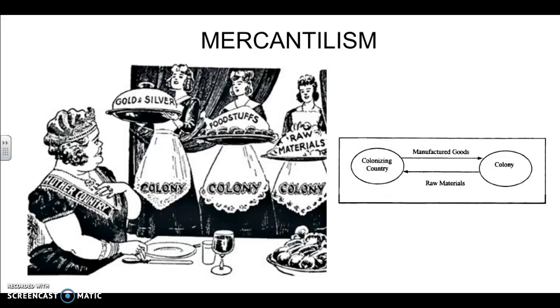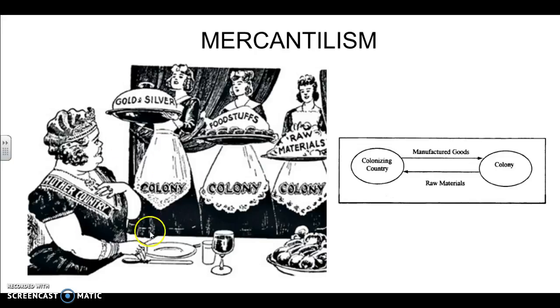You were either a colonist or you were the British, and you were either cutting out flowers and selling them for 1 penny, or you were putting finished flowers together and selling them back for 3 pennies. And if you remember in our activity, the colonists ended up with the least amount of pennies. And if you were on the British side, you ended up with the most pennies, because every time that you were selling back a finished product, you were making a profit of 2 pennies.